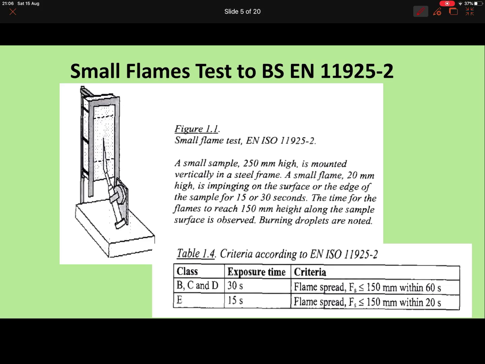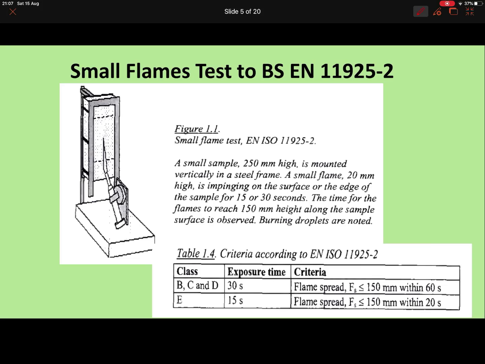And that is offered to the sample that's located in a steel test rig, so to speak. There are 2 lines marked on the test specimen, 150 millimeters apart. The flame is offered to the bottom line, and it is applied for 30 seconds, and then it's taken away.